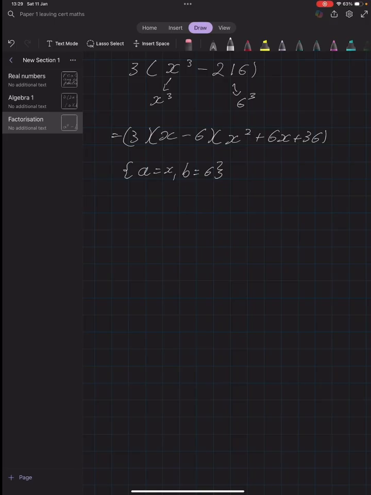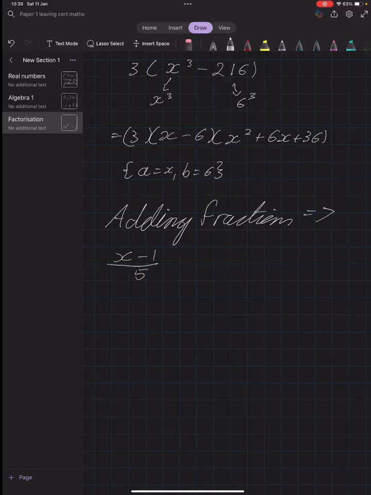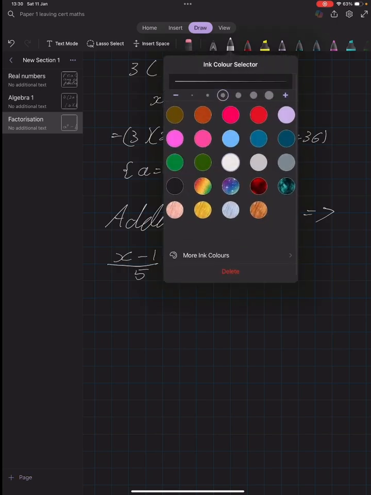So for example, might do a new section. So for example, we could have x minus 1 over 5 plus 2x minus 4 over 3. Okay, actually, hold on.